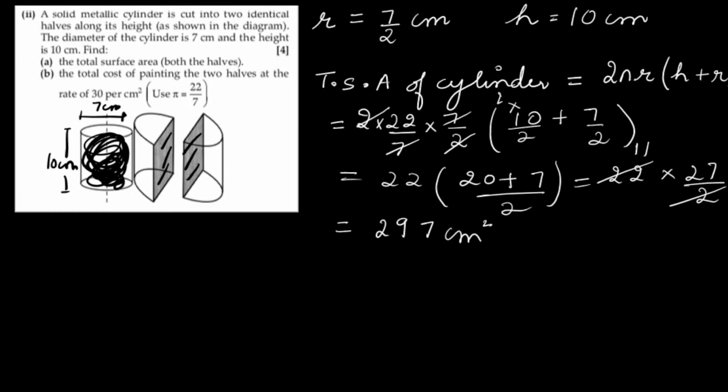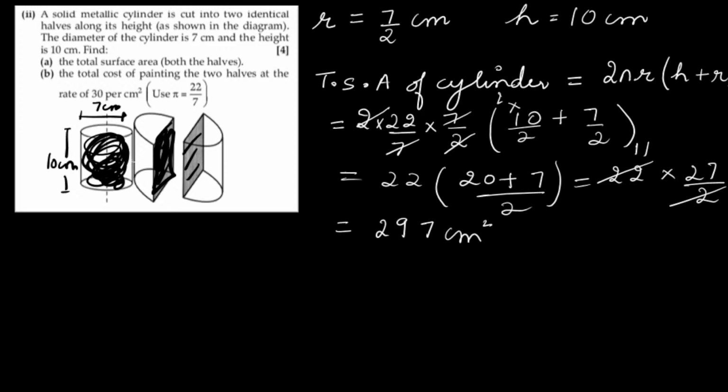So we can divide it by 2 and we will get the area of the curved part. So we'll divide the total surface area by 2. I am getting only the curved part, so here I will not write curved surface area. First of all, let's find this part's area.